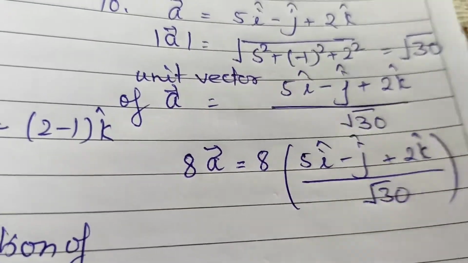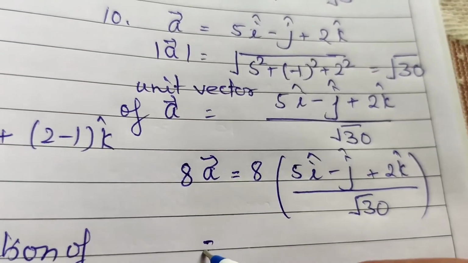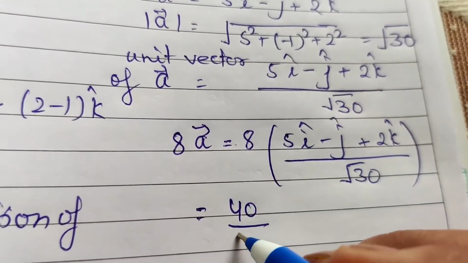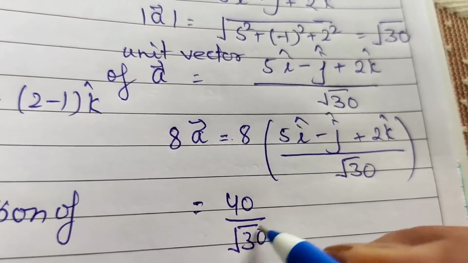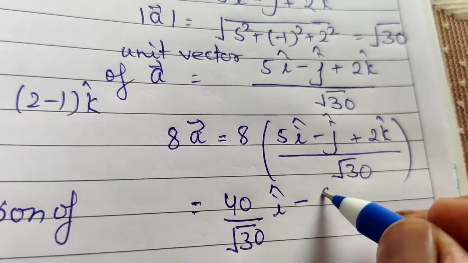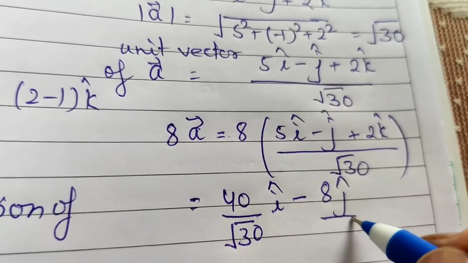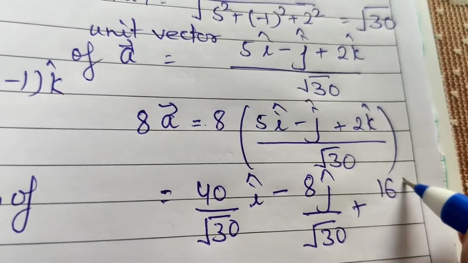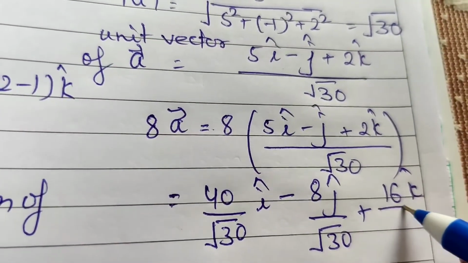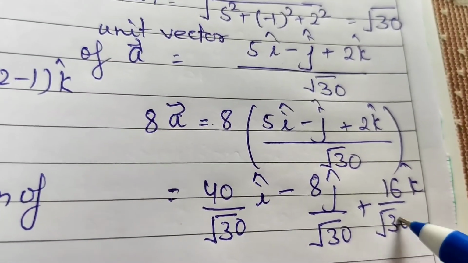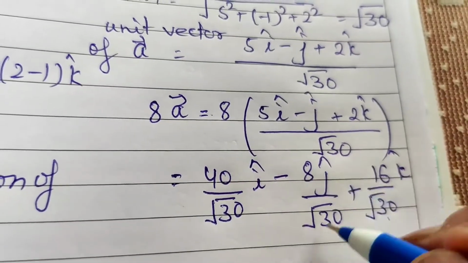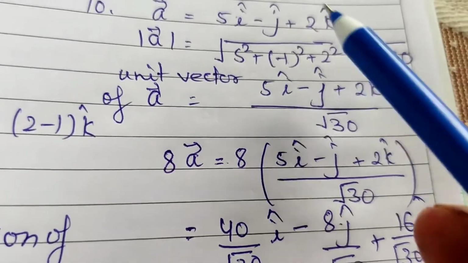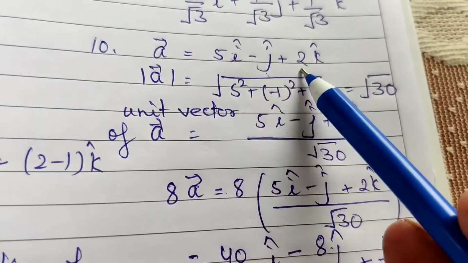Now multiply: 8 times 5 is 40 by root 30 i, minus 8 by root 30 j, and plus 16 by root 30 k. This is a vector in the direction of 5i minus j plus 2k.